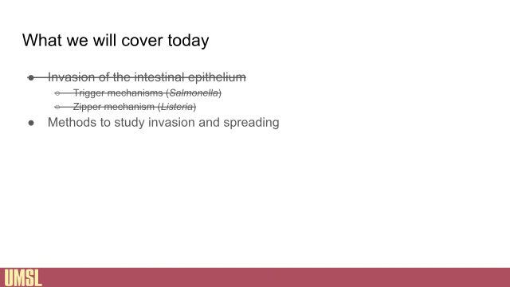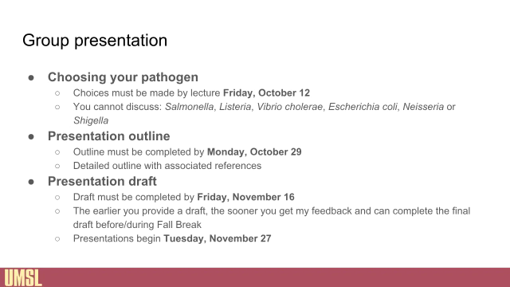There's also a reading for today that will take you through those examples in much more detail than I'll take you through today. And we'll end today talking about how you actually study this outside of an animal.